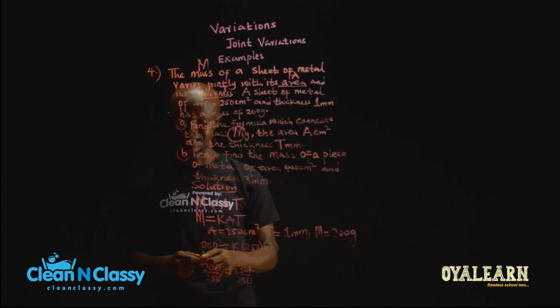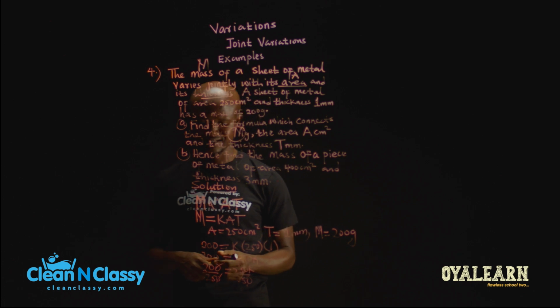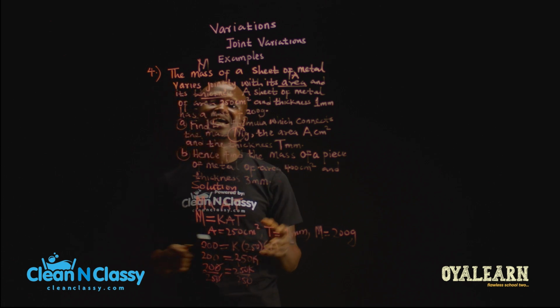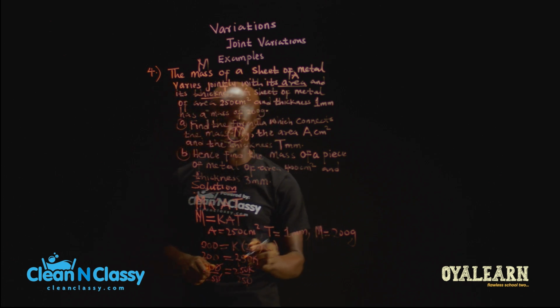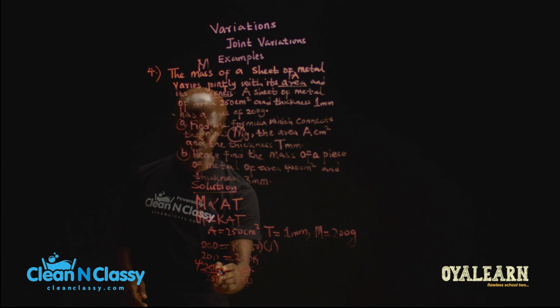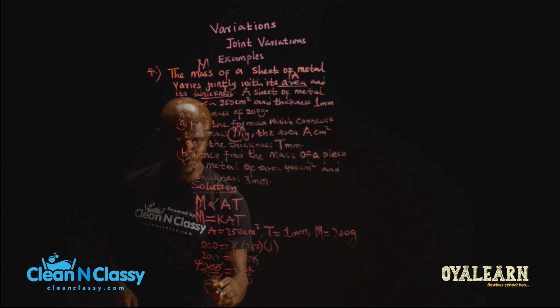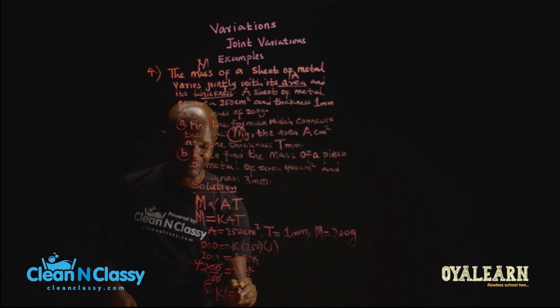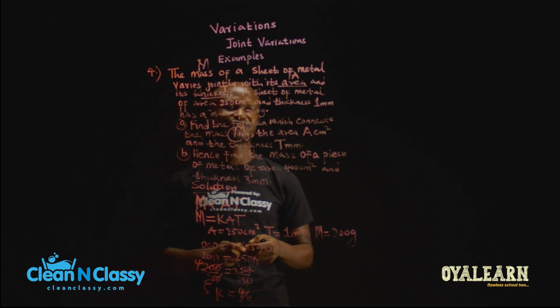We can also reduce that. What number will divide 20 and 25 at the same time such that there is no remainder? That is 5. 20 divided by 5 is 4, and 25 divided by 5 is 5. So K is 4 over 5. That's the value of K.